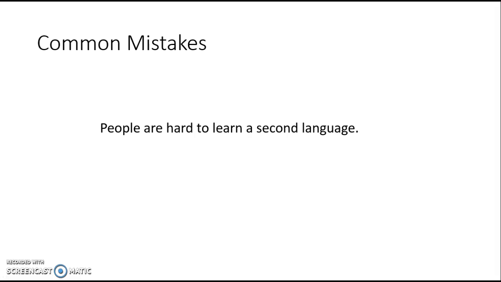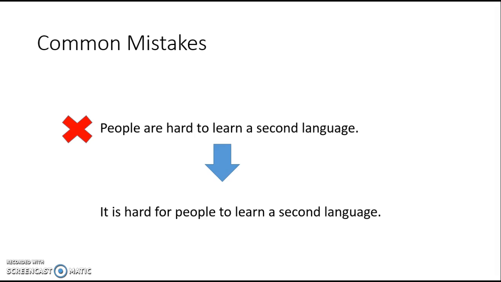This sentence is grammatically incorrect. It doesn't make any sense. So what we do to fix this is we make it the subject of the sentence instead of people. And we come up with the sentence: it is hard for people to learn a second language.